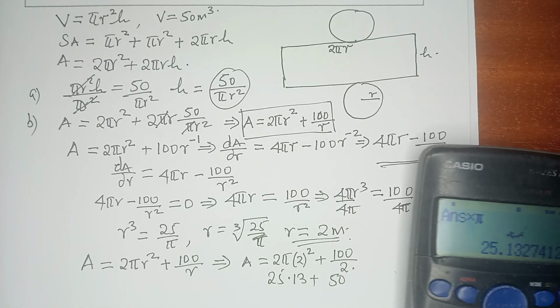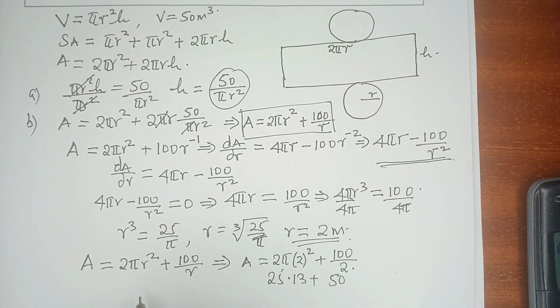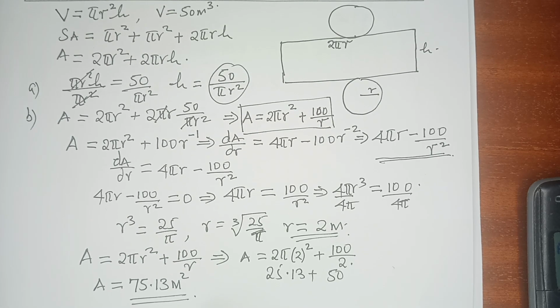So 25.13 plus 50 is easily 75.13. So the area in general is equal to 25.13 plus 50, which is 75.13 meters squared. And that is how we have been able to explain that activity 1.